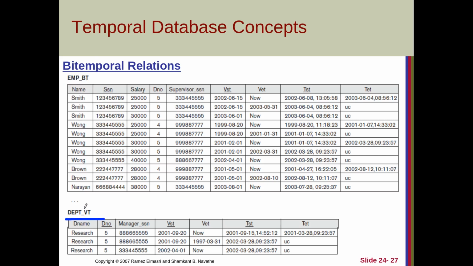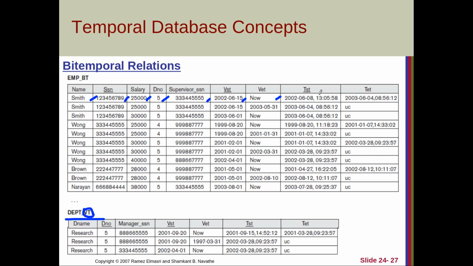For employee bi-temporal, we can see Smith, SSN, salary 25,000, department number 5, supervisor SSN. In real time he started his job from 15/6/2002 and the valid end time is given as now. In real time he is currently working in the department.